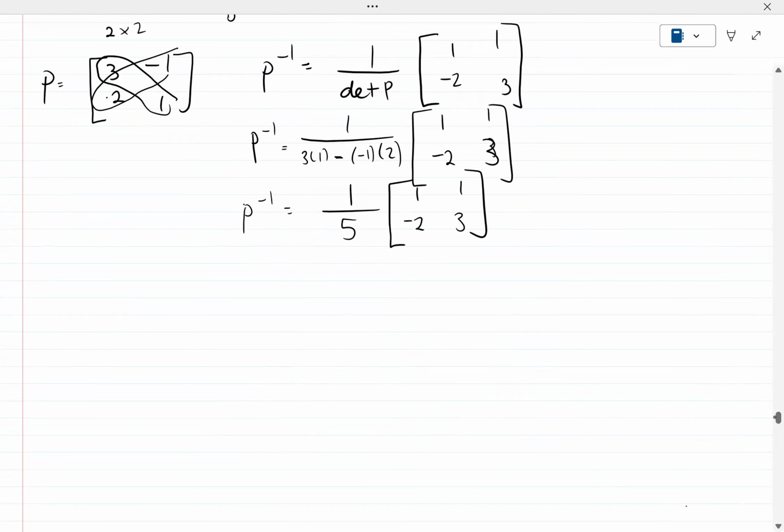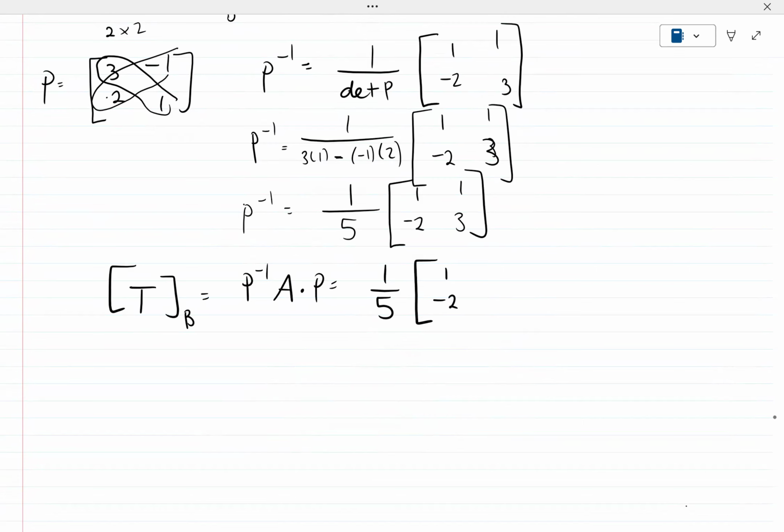Okay, so my T_B is equal to P inverse of A times P, which equals 1/5 of 1, -2, 1, 3.